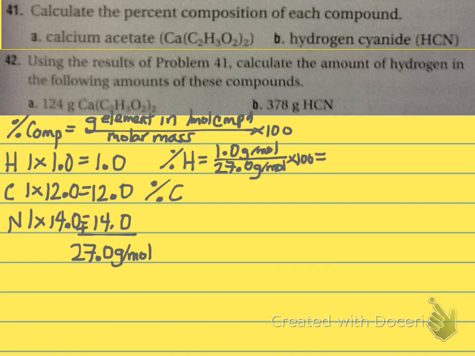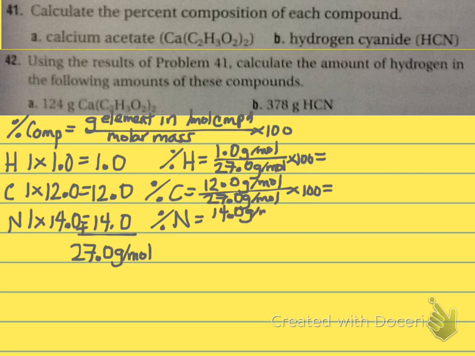For the percent of carbon, it's the 12 divided by the 27. And for the percent of nitrogen, it's the 14 divided by the 27. So 1 divided by 27.